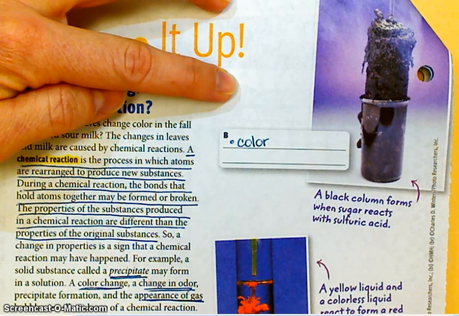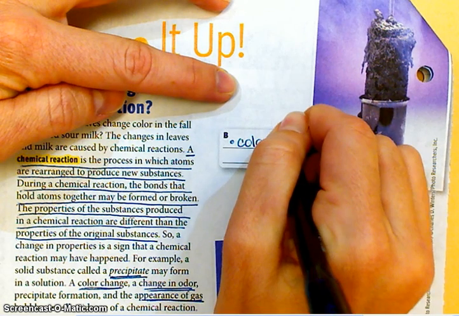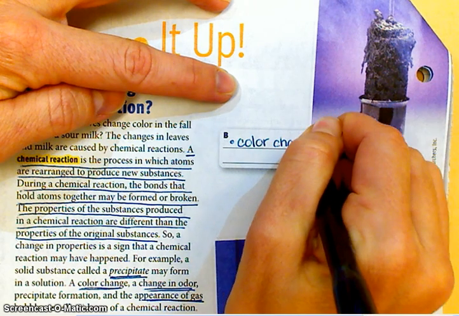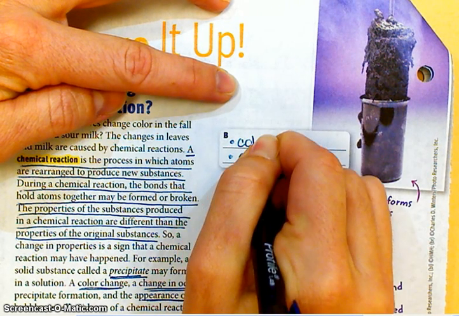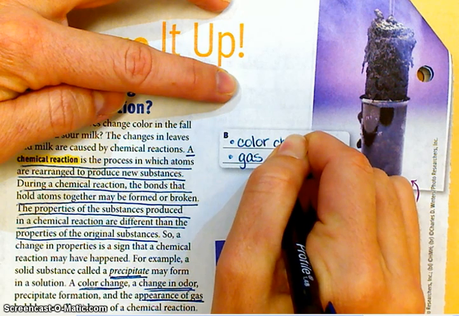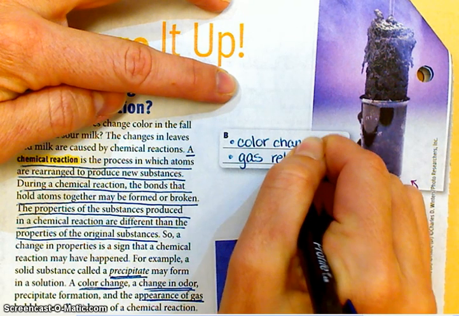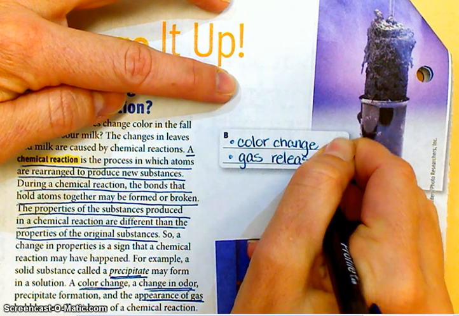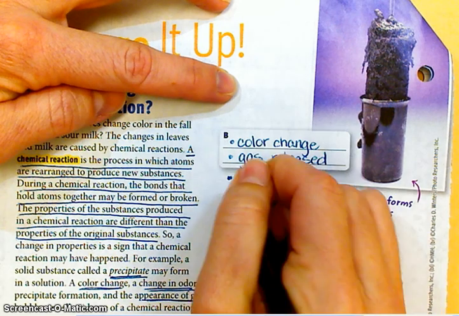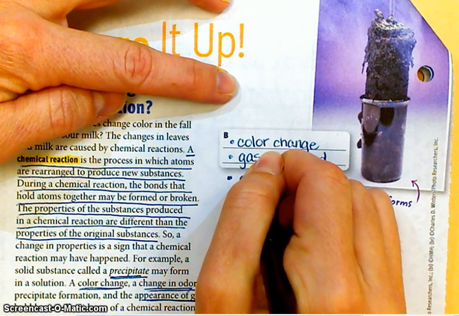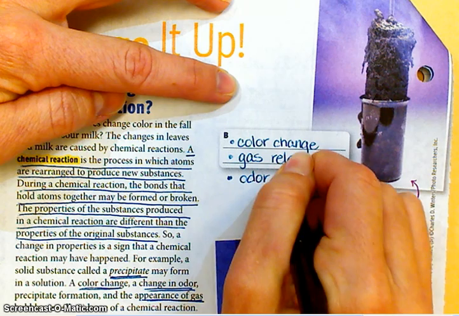The substance goes from white to black. Okay. There is gas given off. So it bubbles up. Also, even though it's hard to tell from the picture, there is an odor change as well.